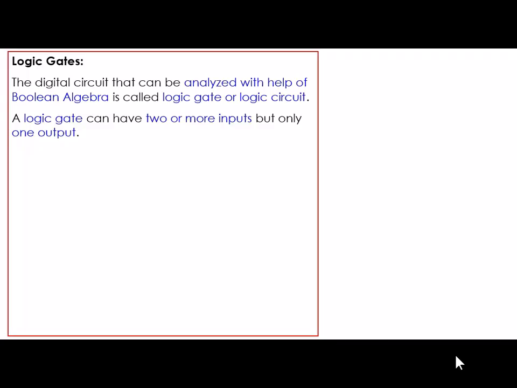So a logic gate can have 2 or more inputs. A logic gate can have 2 inputs, 3 inputs or 4 inputs, but only one output, where the value of the output will be either 1 or 0.